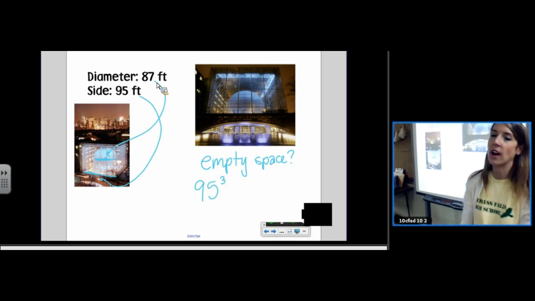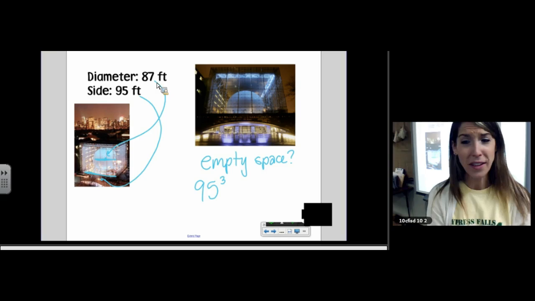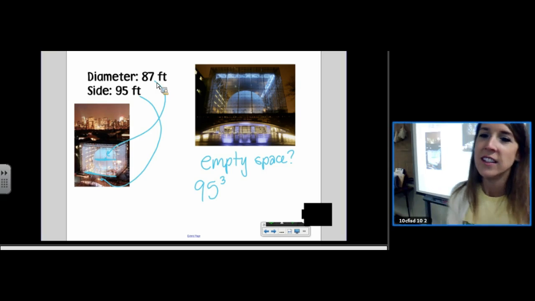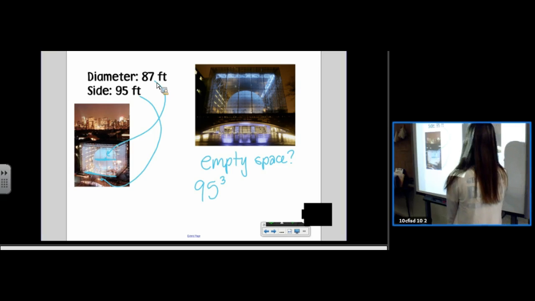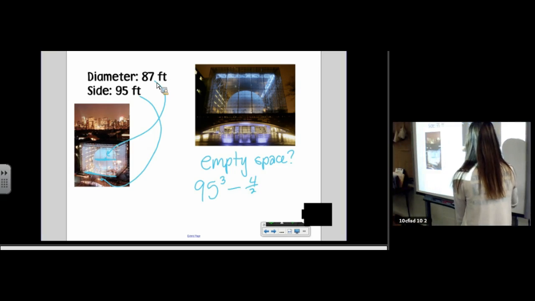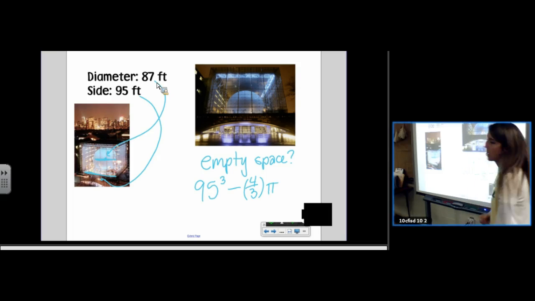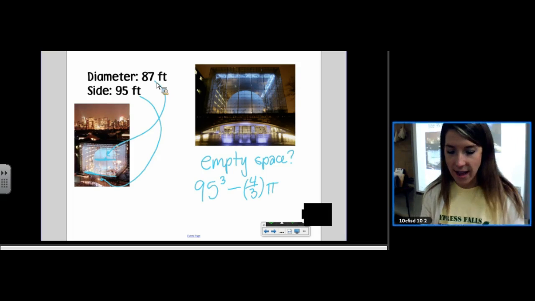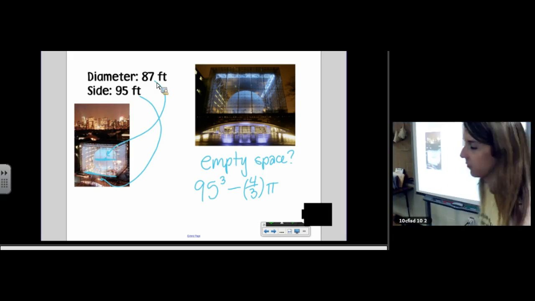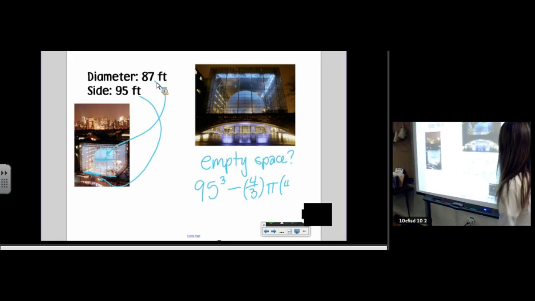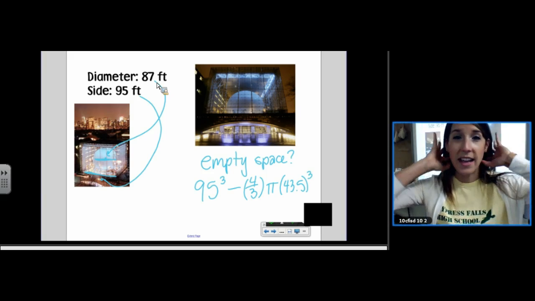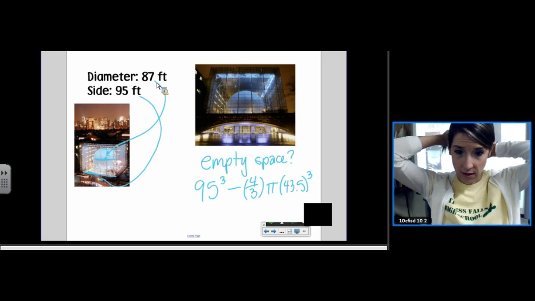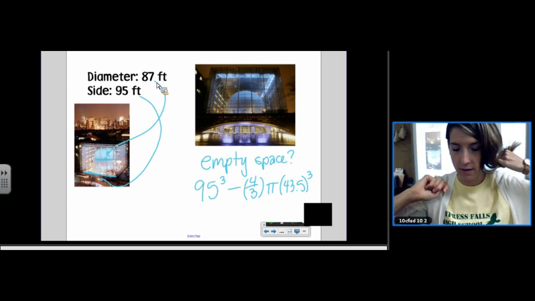Your answer is going to be large. Don't be alarmed. It's real world, people. Real world is large. All right, now we need to find the volume of the sphere. Oh, no. Why did it have to be an odd number, right? Now, this is a real-world problem, so I want a real-world answer, so you press the pi button.